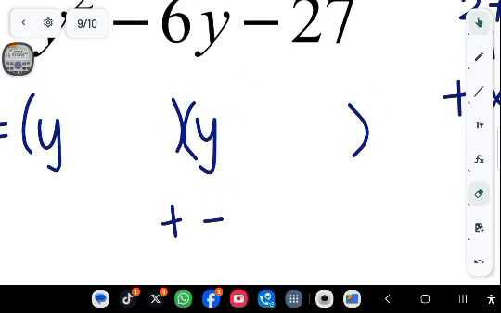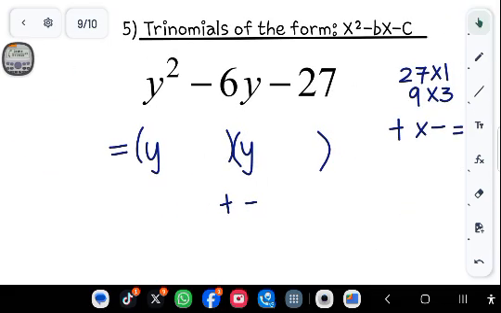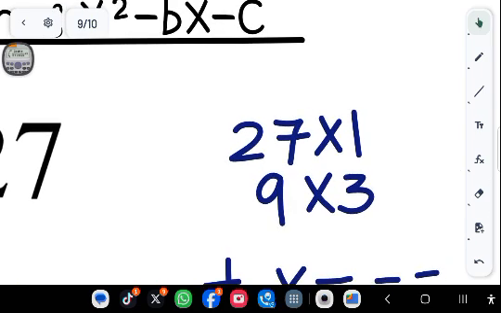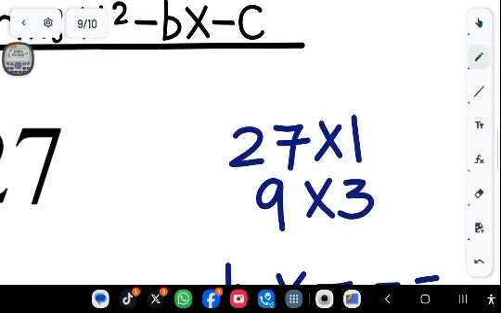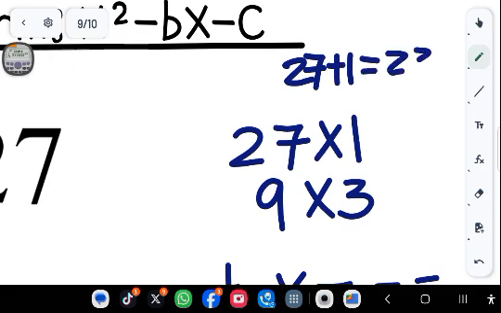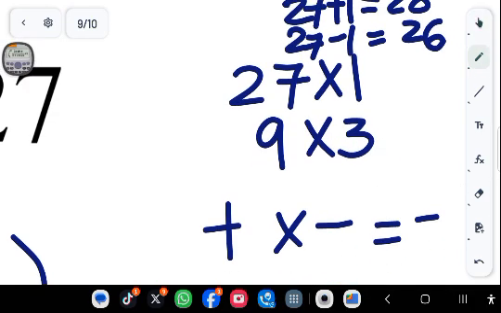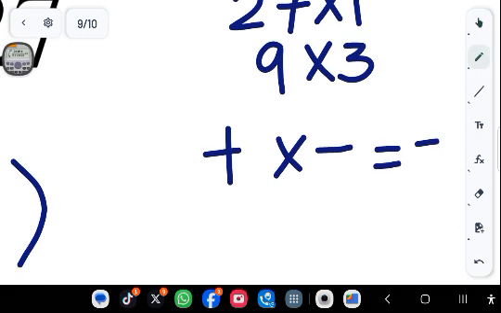First of all, let's go back and choose the factor pair combination that we need in order to give us 6. Notice, if you add 27 plus 1, they give you 28. When you subtract 27 minus 1, it gives you 26. The second combination, when you add 9 plus 3, it gives us 12.